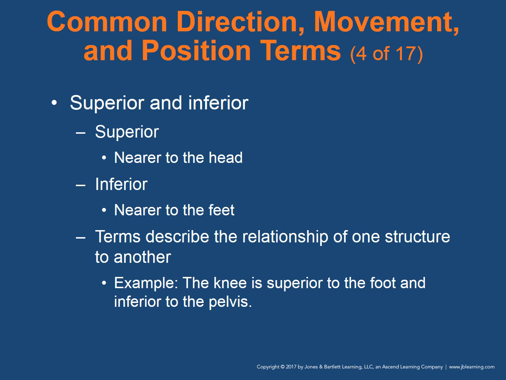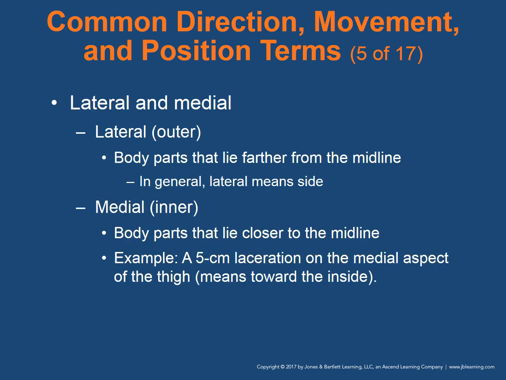So you can utilize these terms in that regard as well. It doesn't have to be one anatomical structure compared to another one. It can talk about a region and then give a reference point to that general region. And that helps be more specific about where this location is for an injury or pain or something that you see. Maybe a rash or something like that, an old surgical scar.